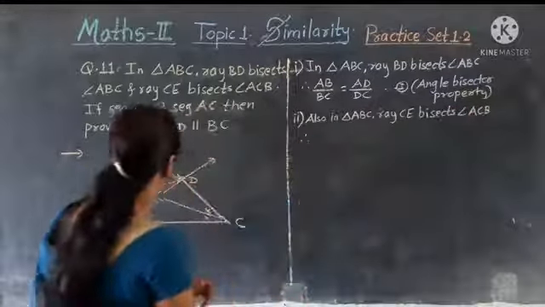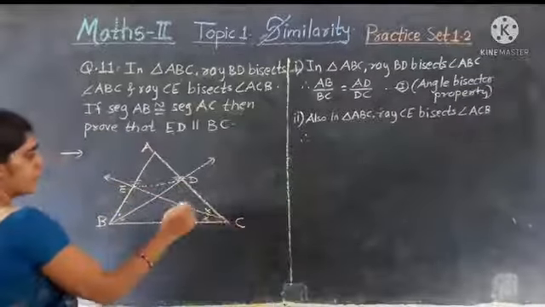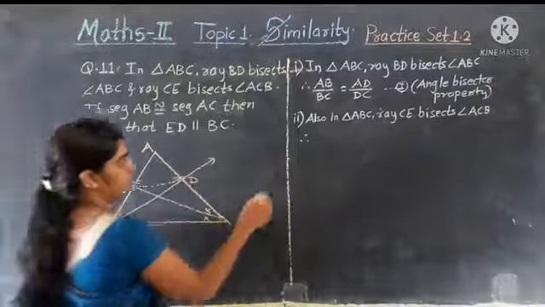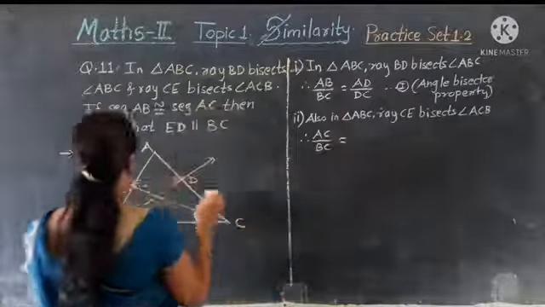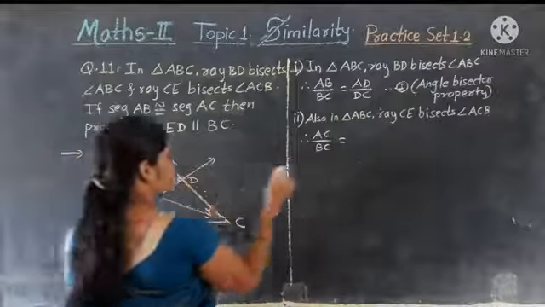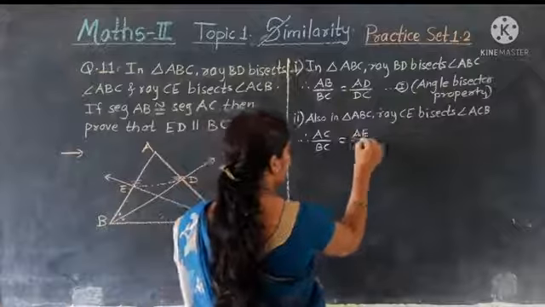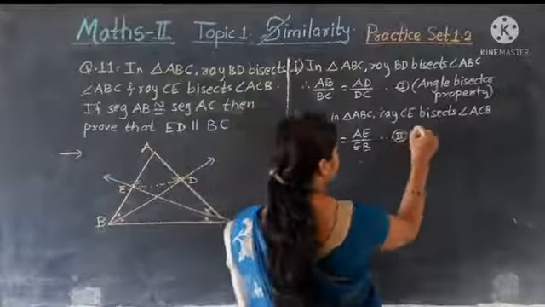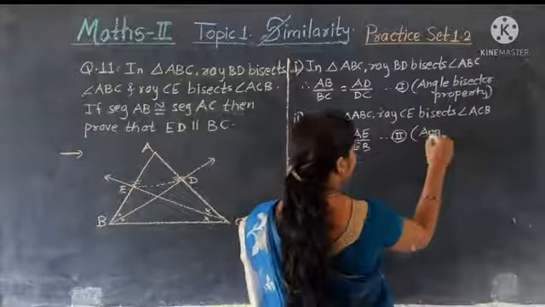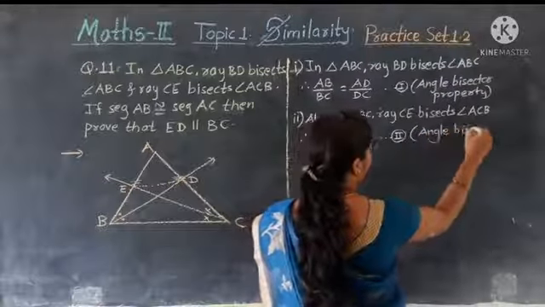Therefore, you can write AC upon BC is equal to AE upon EB. You call this equation number 2. The reason is the same: the angle bisector property.